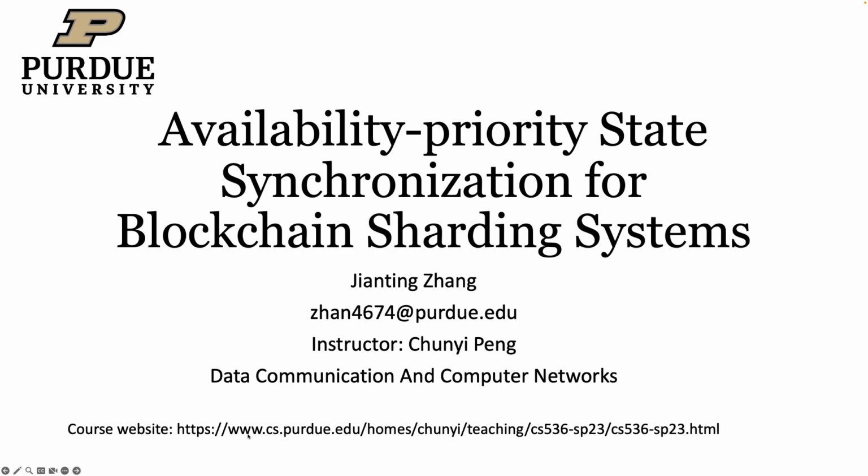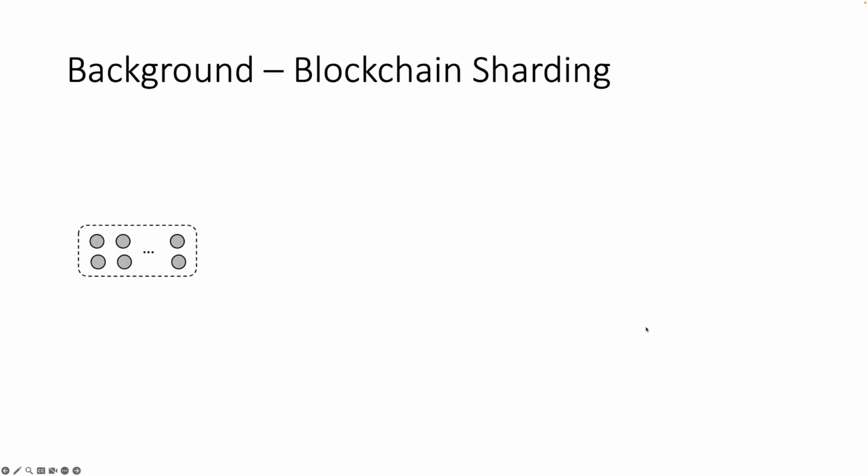Okay, let's start. The title of this project is Availability Priority State Synchronization for Blockchain Sharding System. First, let's talk about blockchain sharding. I think most of you have heard the concept of blockchain.